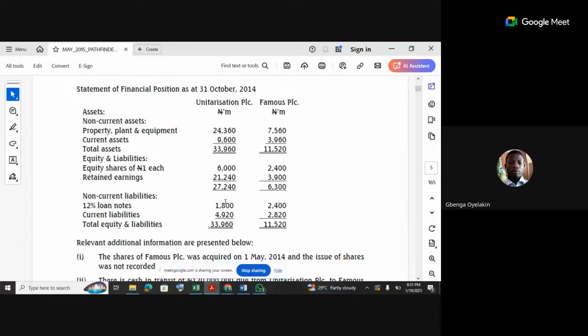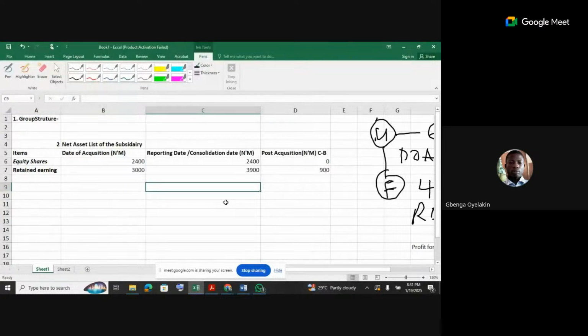So we believe the same money that is reported for the beginning is still the same at the end. So there is no profit, no addition, no deduction. Because of that, the date of acquisition is the same as the date of reporting. So the post-acquisition there will not be anything, because there is no increment or decrement in the equity shares of the subsidiary.